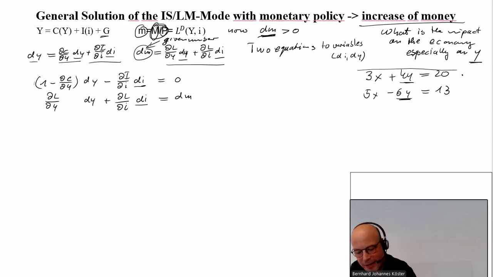If we multiply this with 6 and this one with 4, then we obtain 18x plus 24y is 120 and 20x minus 24y is 62. Hopefully I'm right. And now what can we do?